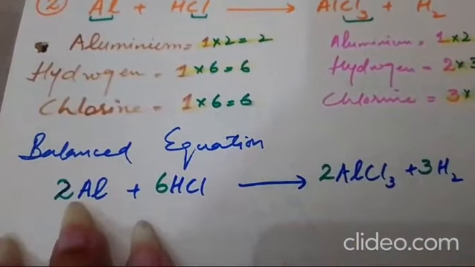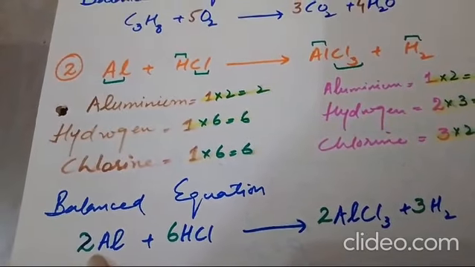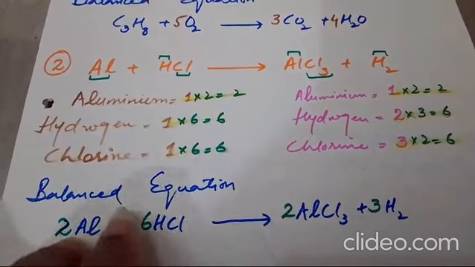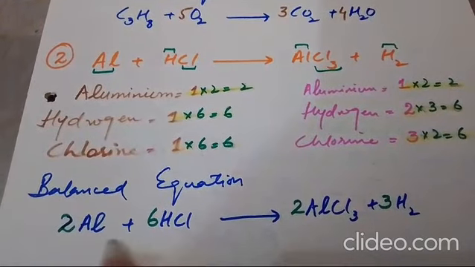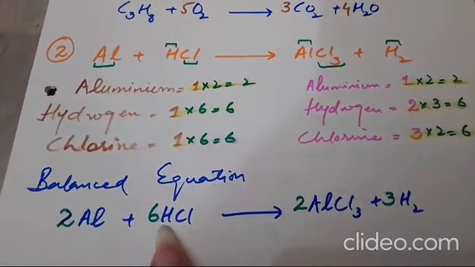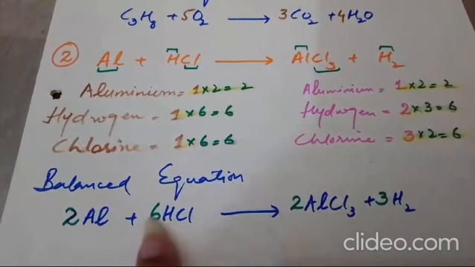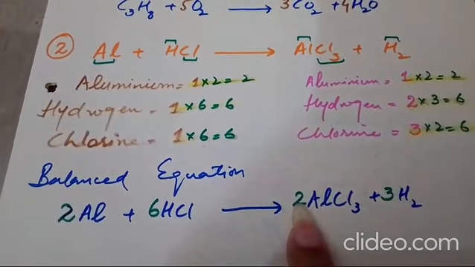Here is the balanced form. See, 2 aluminium, 2 aluminium, 6 hydrogen, 3 2s are 6 hydrogen, 6 chlorine, 3 2s are 6 chlorine.